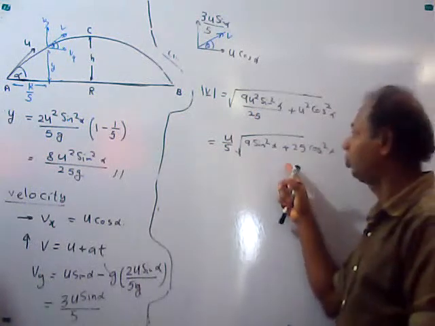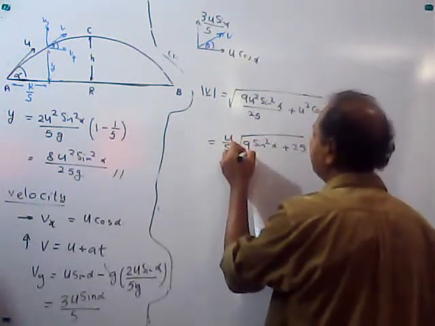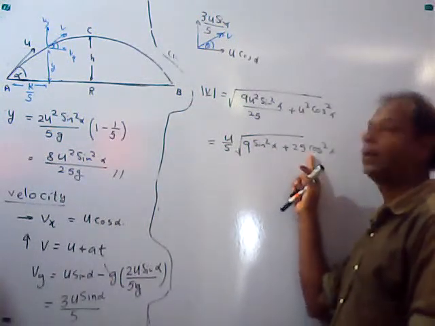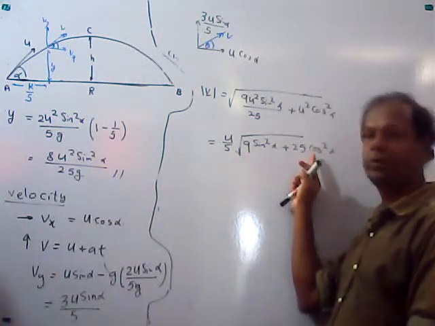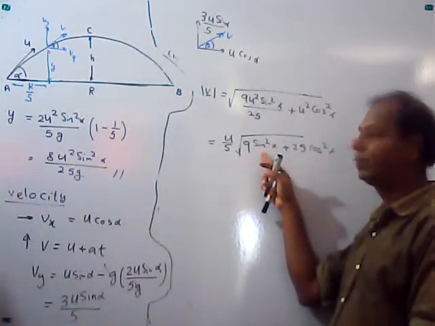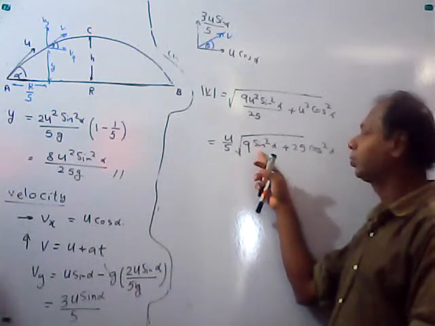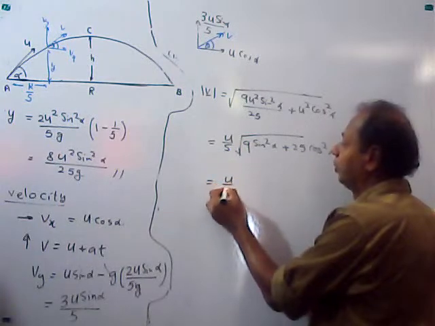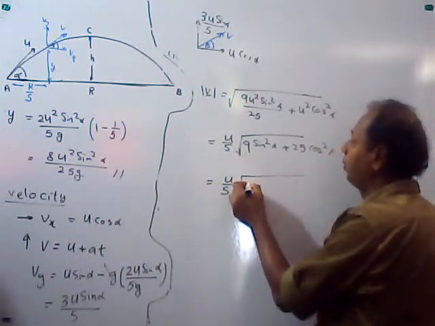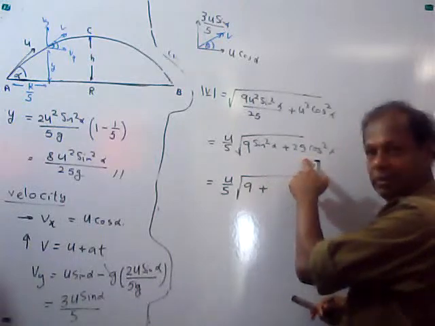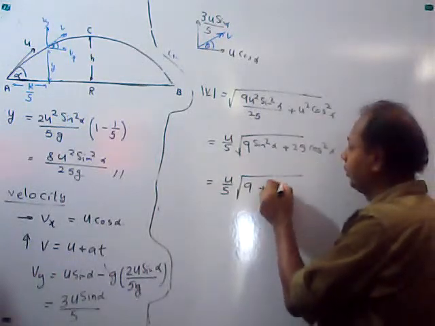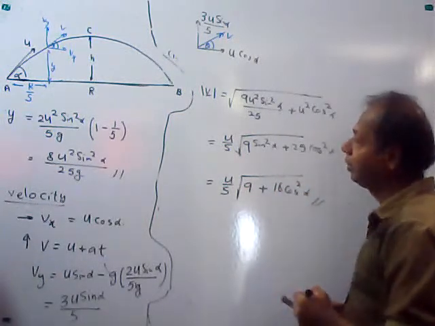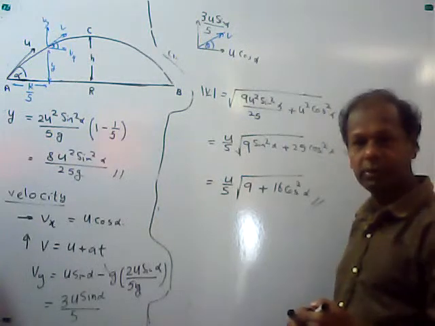You can simplify it a bit. We can take 9 out of the 25, together with this, that will give 9 times sine squared plus cos squared alpha, which is 9 into 1 plus 16 cos squared alpha. So that's the magnitude of the velocity.